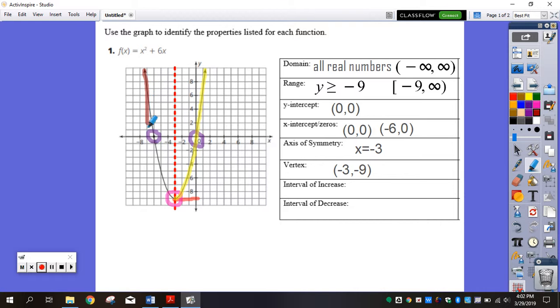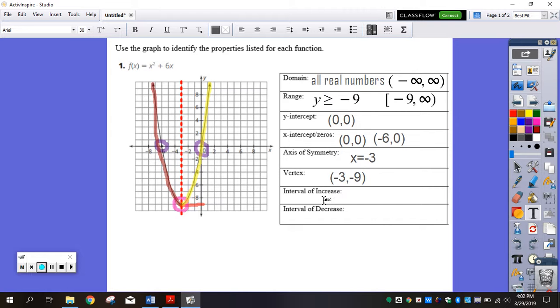The decreasing half, that would be this left half here. So we have to figure out how we communicate left half, right half. Well, we do that with inequalities, because when they ask us for an interval, they're asking you what's the domain of that section of the graph. And so if you think about it, this axis of symmetry cuts the parabola in half.